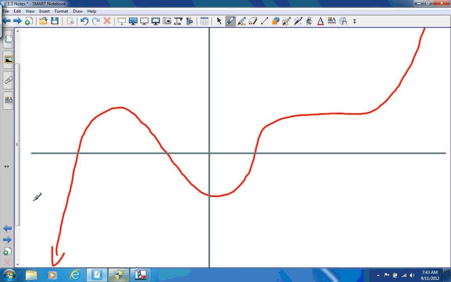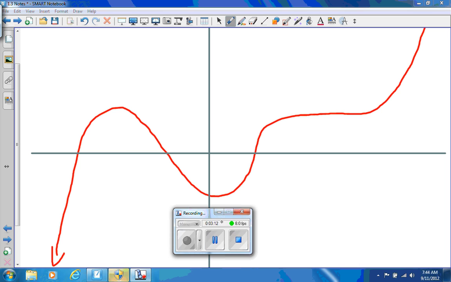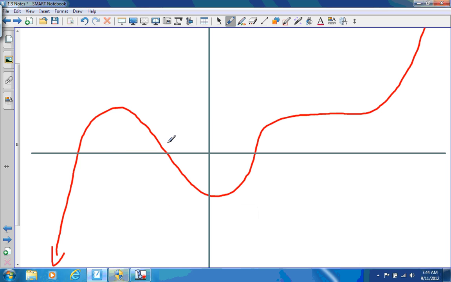Now then, this particular function is just going to be used to show some different parts of what a function could have. First thing would be in this part of the function up to this point, this is an increasing section of the function.